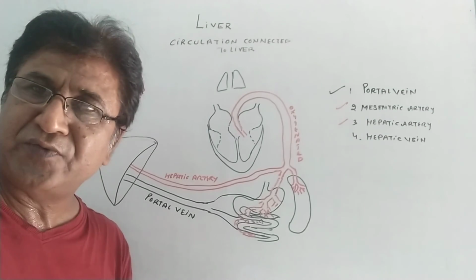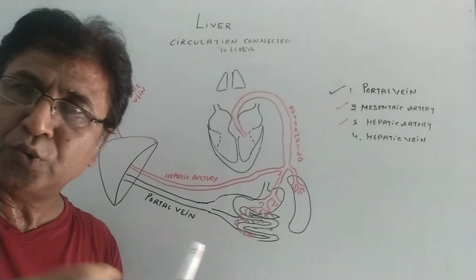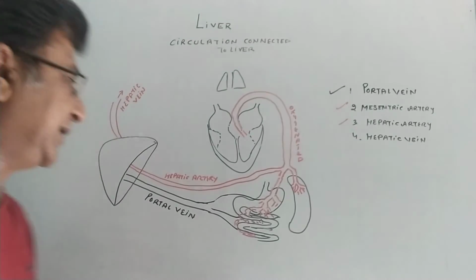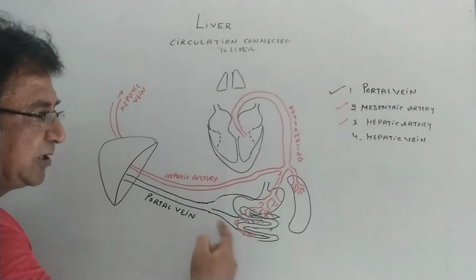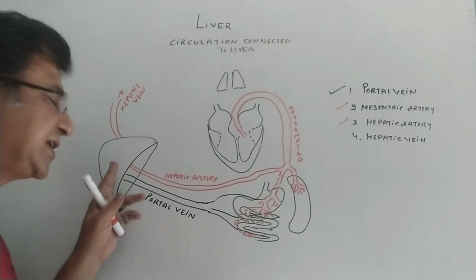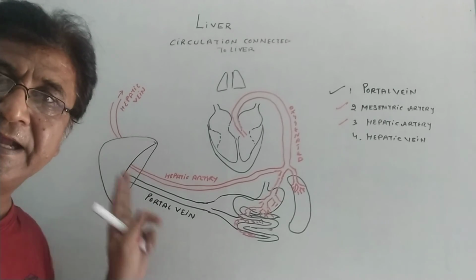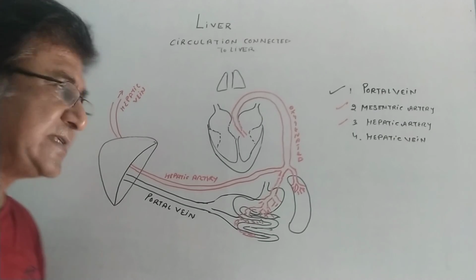Now these debris of RBCs enter into the liver so that the debris can be emulsified. Secondly, any bacteria or toxins entering from the stomach, pancreas and spleen are also detoxified by the liver, and clean blood is then passed back into the common circulatory system.